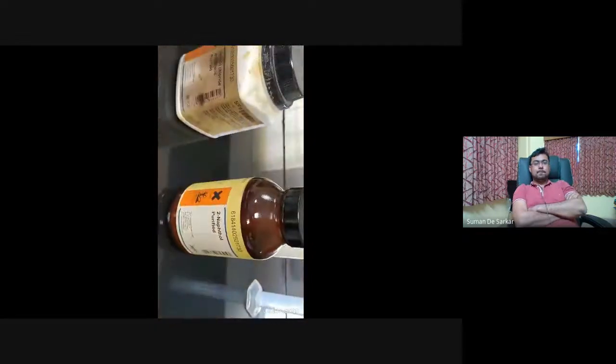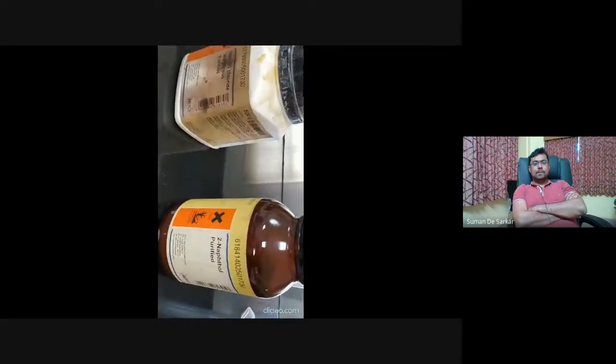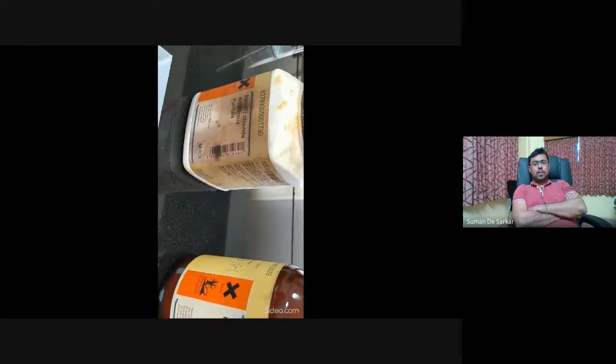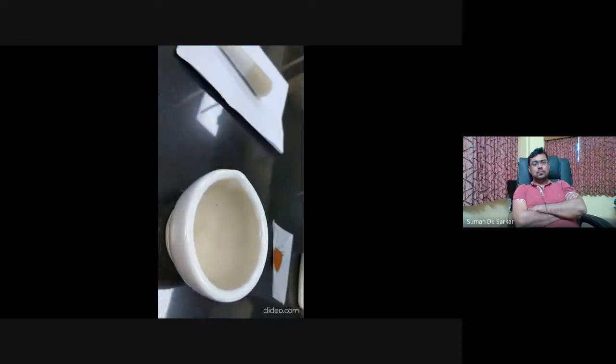What we will do, we will take beta-naphthol in a mortar and pestle, and we will add ferric chloride, and we will grind and mix them together very well. These are the ingredients that we need: 2-naphthol, beta-naphthol, ferric chloride, anhydrous, and we have this mortar.